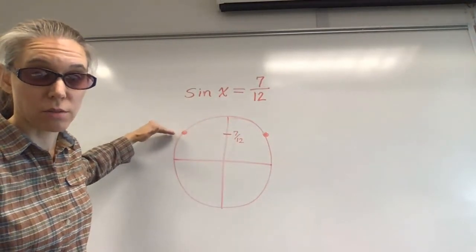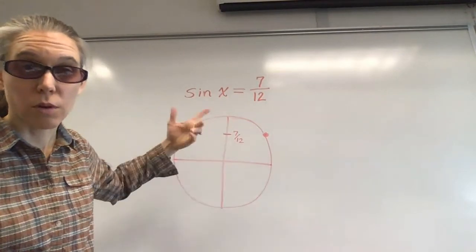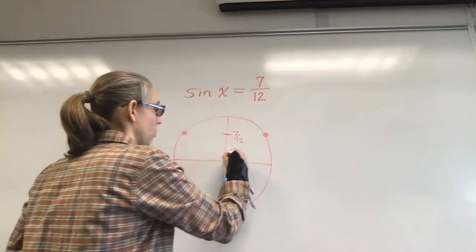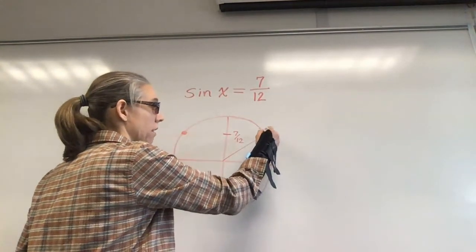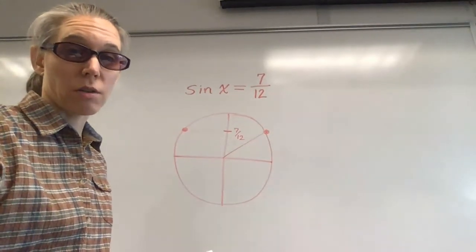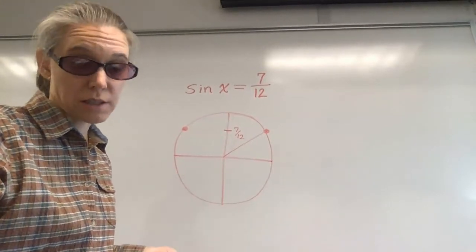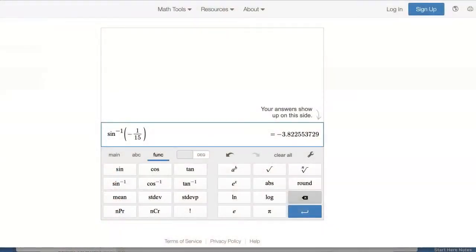These are the two values where the sine value is going to be 7/12. And we want to go to 4 decimal places. So what we're going to do is find this one right here first by using arcsine with a scientific calculator. We'll go to the scientific calculator and do arcsine of 7/12.